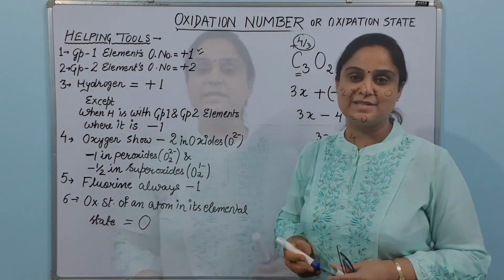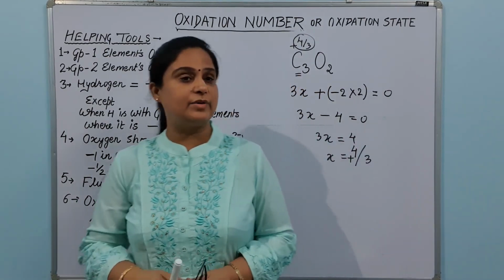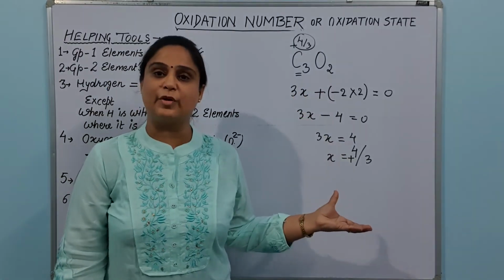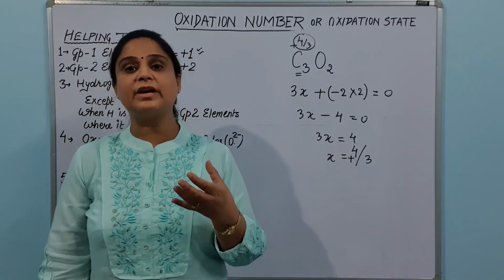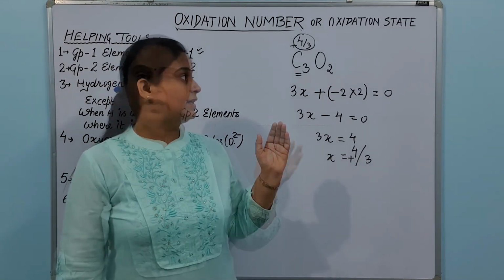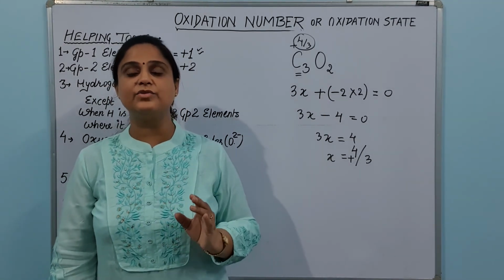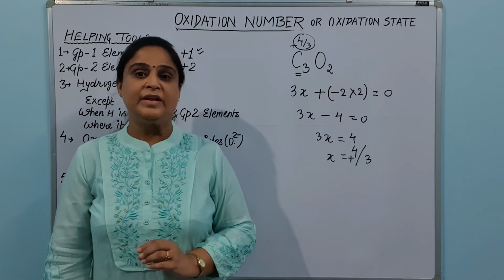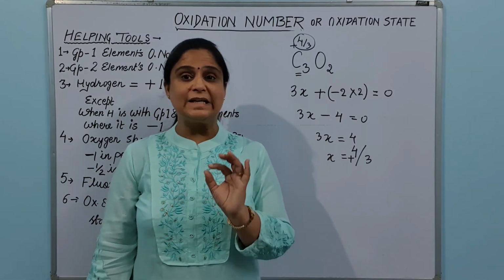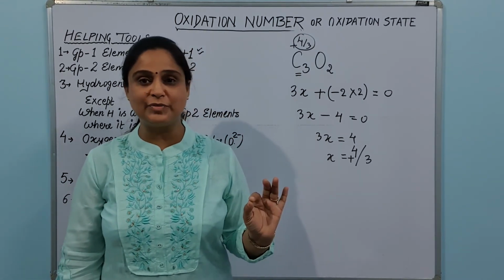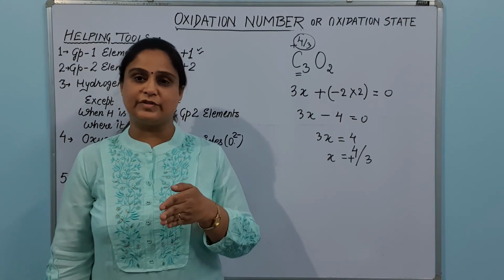Now the problem begins. In some molecules, if we calculate the oxidation state using this simple formula and we are not mentioning what kind of bonds are present in them, we can get fractional values of oxidation state. What does it mean? Fractional is not possible, because either one electron will be pulled from that atom or it will be pushed towards that atom.